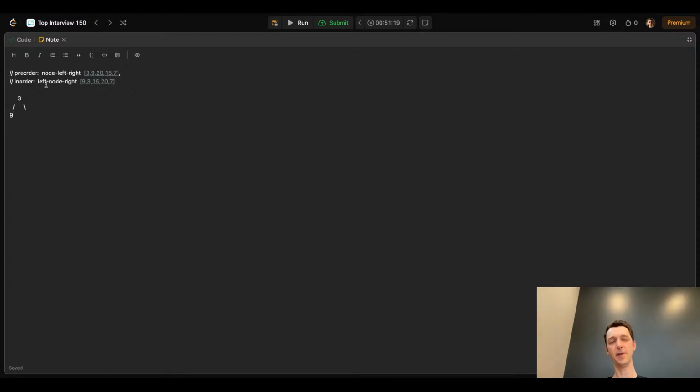For inorder, that is the parent. The next number is always a parent for the left one. Right? If it's the left. Yeah, for the left one. Left, node, right.